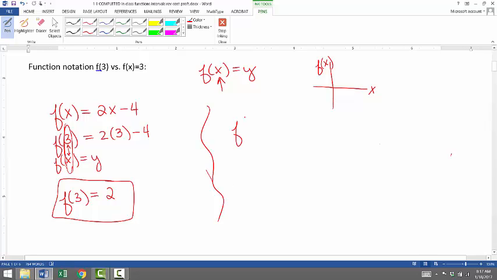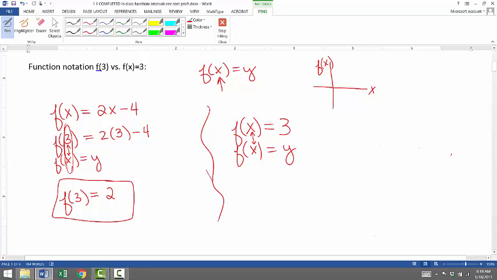That should be clearly understood to be different than asking to find or solve f of x equals 3. Again, if you compare this back to the notation f of x is y, notice this time we see the value inside the parentheses is the input x, but I do not have a given value for x.